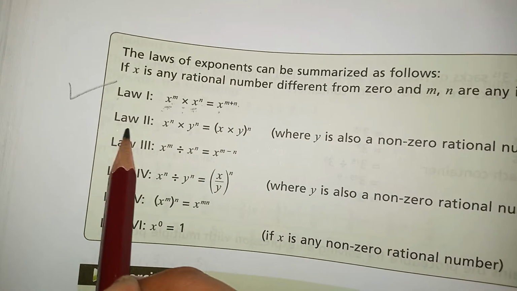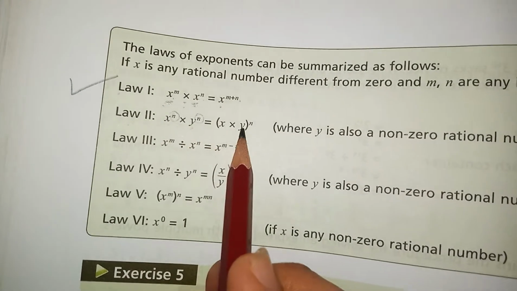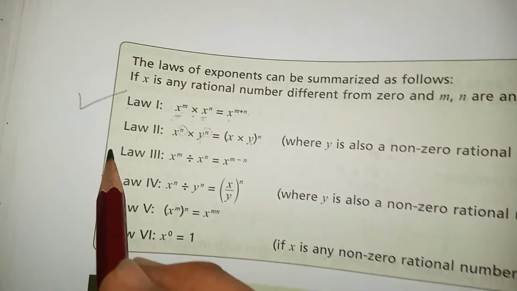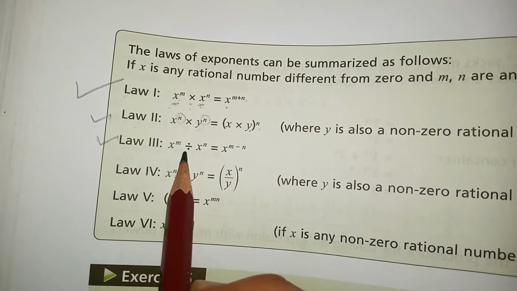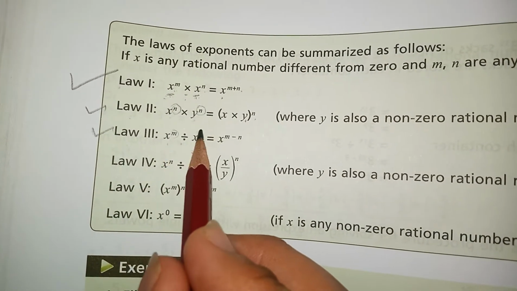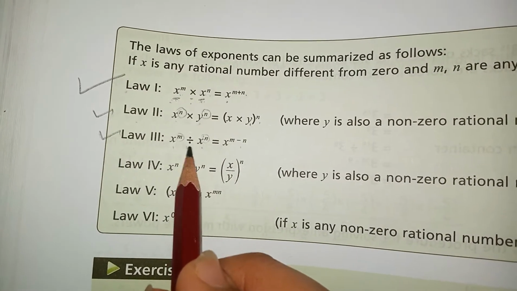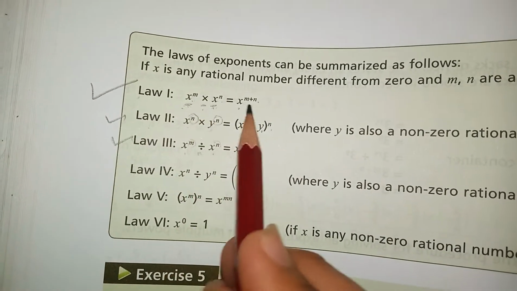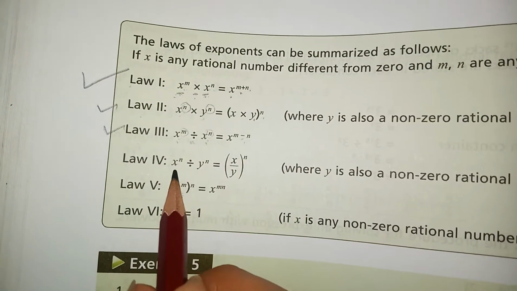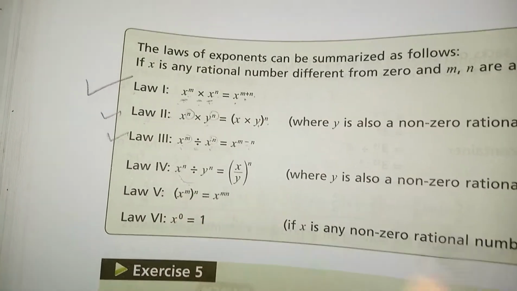In the second law, when the bases are different but the powers are the same, we can take the power common. In law number 3, in division, when the bases are the same, we subtract the exponents. In division we subtract, in multiplication we add the powers when bases are the same.